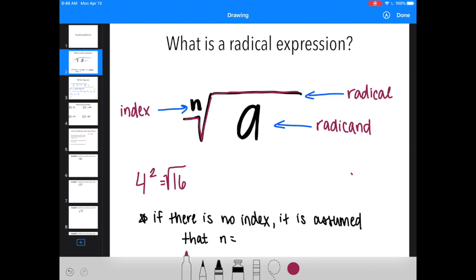It's kind of understood that if there's no index, it's just an understood 2, meaning I'm taking the square root of it. You can take the cube root of it. You can take any number, any variable to the root of a radicand. However, most of the time we use 2. So we do not have to write that index.